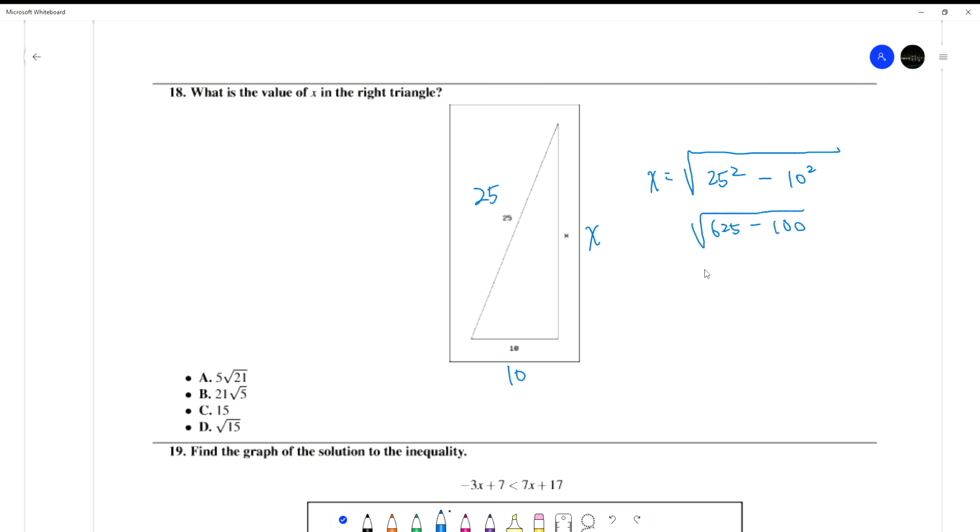So this gives us the square root of 525. And that, you should probably do it on the calculator, is 25 times 21. So this is basically equal to 5 radical 21 is equal to x. And that is A.